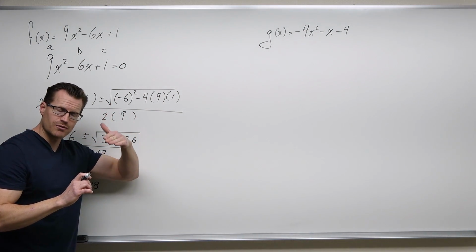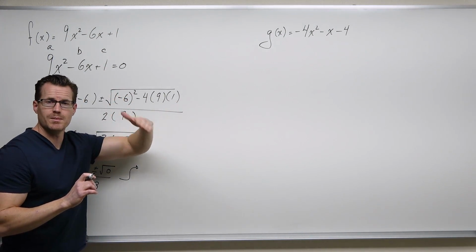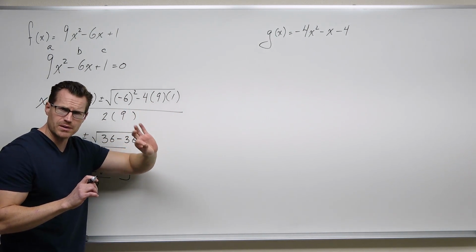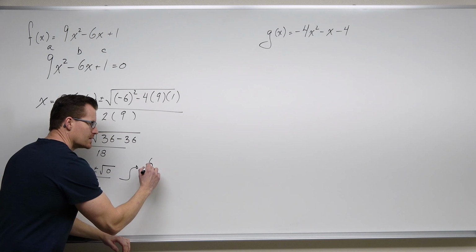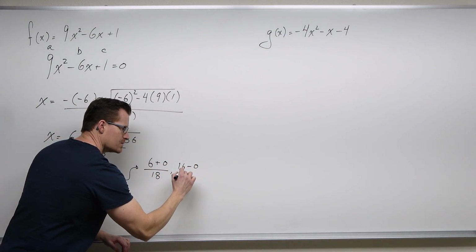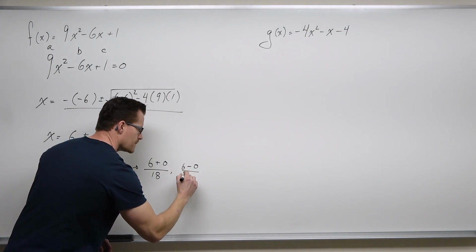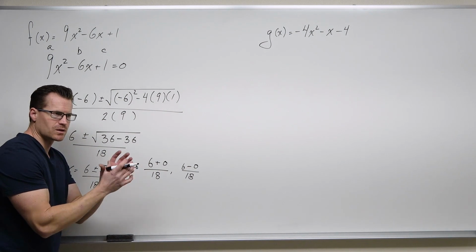In this case, because we only have one turning point, a parabola can only turn one time. That turning point, that vertex, is going to be touching, sitting on, bouncing off of the x-axis at exactly this value. You see, we get the same solution twice. That 18 is the only number you can add and subtract from another number to get, it's called additive identity.